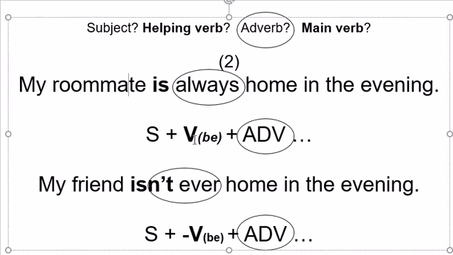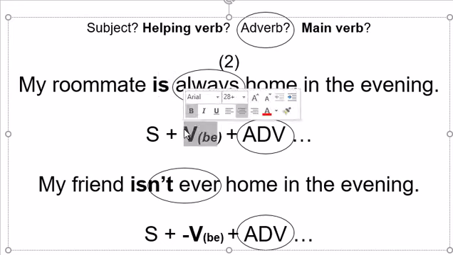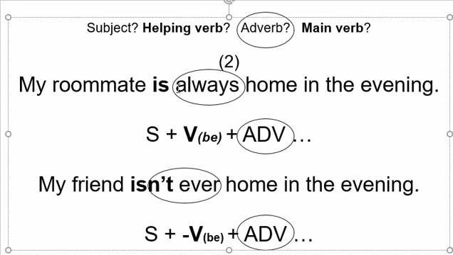So that's verb be. All right, so subject, my roommate, verb is verb be, and then I don't have another verb. So verb be is my main verb. And I can see the adverb is after the verb be.